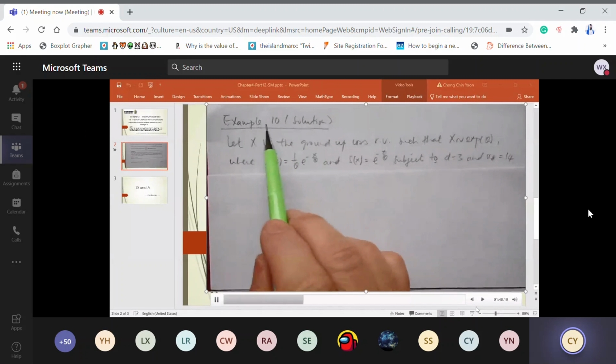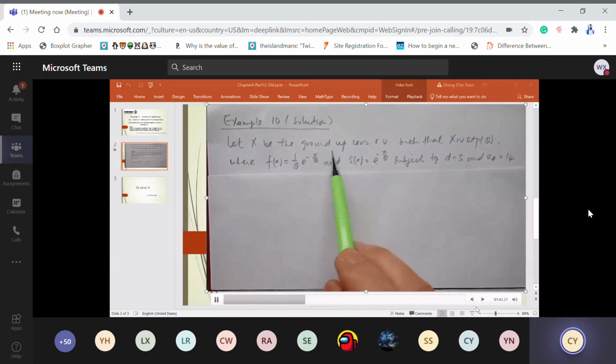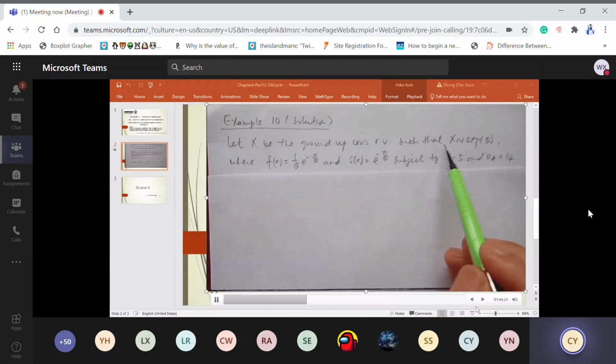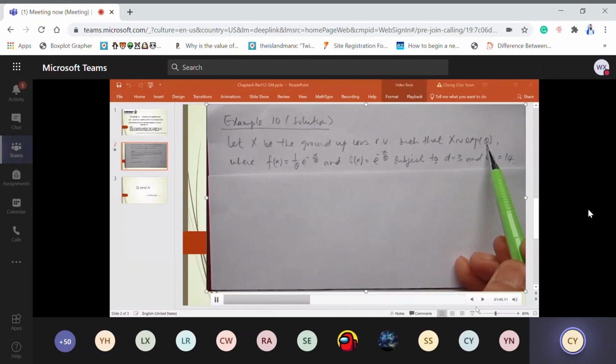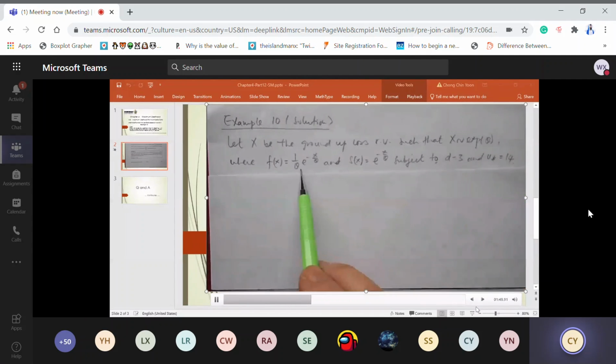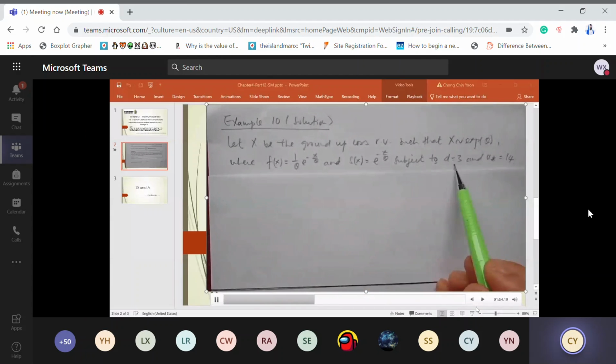Solution for example 10. Let X be the ground up loss random variable such that X is exponentially distributed with parameter theta, where the PDF and the survival function are given by this, subject to a deductible D which is 3, and the maximum covered loss which is 14.